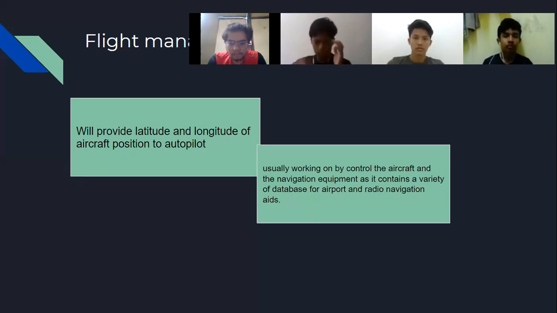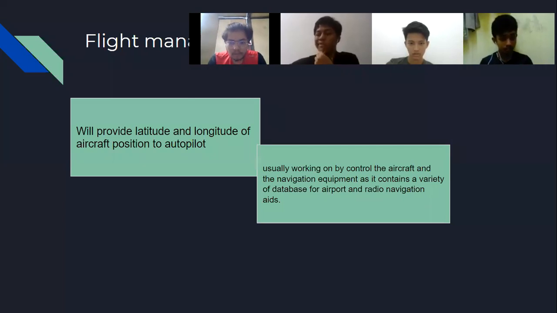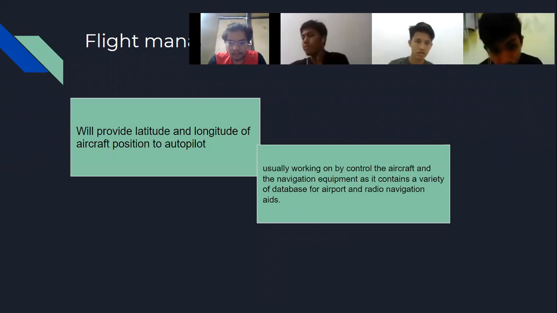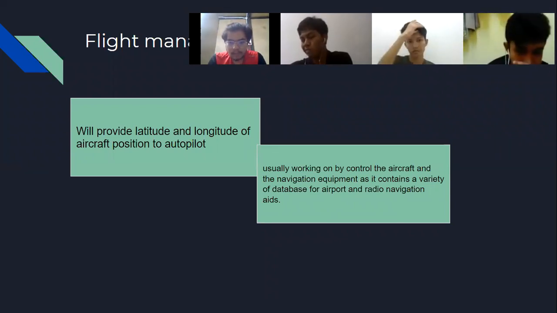This development led to the integration of the autopilot and the long distance navigation computer into one unit, and later the flight management usually works by controlling the aircraft and the navigation equipment, as it contains a variety of databases for airports and radio aids.